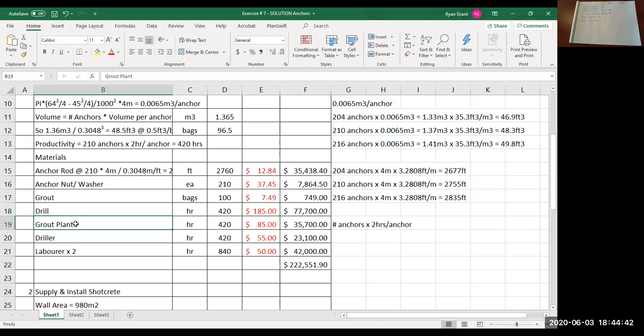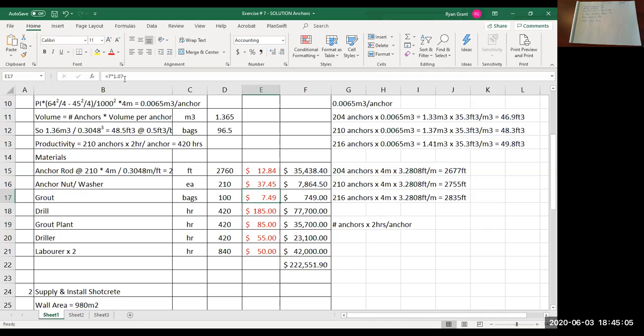So drill, grout pump, you have the 1 driller and then the 2 laborers. Again, in the question it said you had a 3-person crew, so you had a driller plus the 2 laborers. I've doubled the number of hours here for the labor. All the hourly rates were provided to you for the crew.